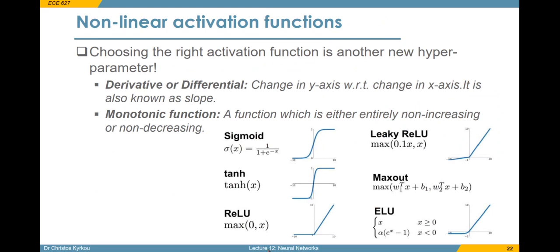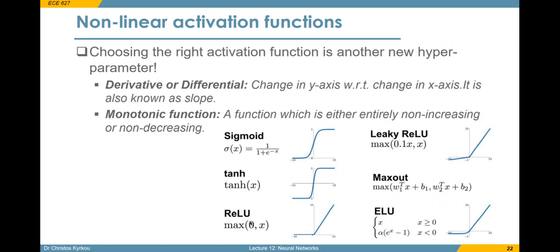Here are some activation functions that people have been using throughout the literature. So we have the sigmoid function, which has this S shape. We have the tanh function, which is quite similar to the sigmoid, but it's centered around 0 rather than 0.5. And more recently, we have a family of different activation functions, the rectifiers.